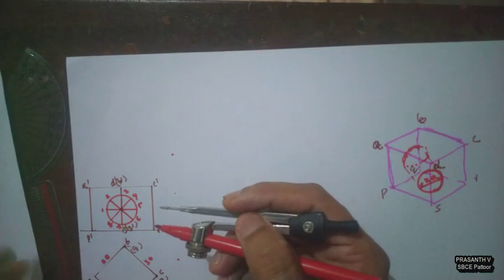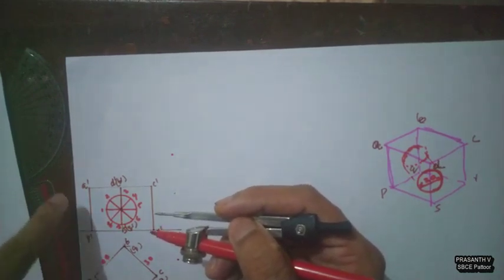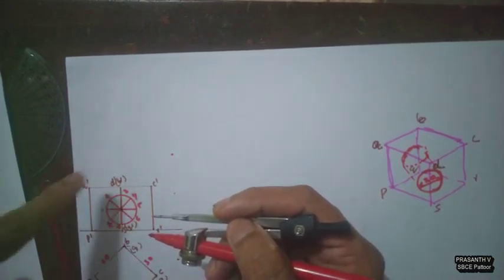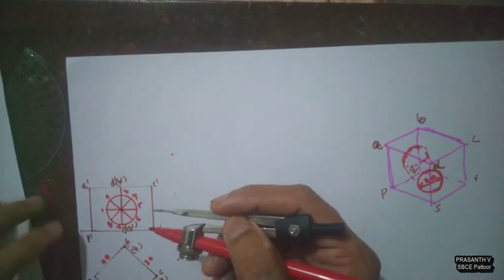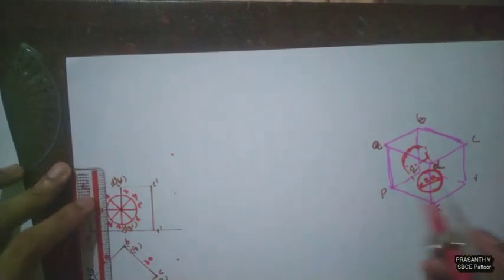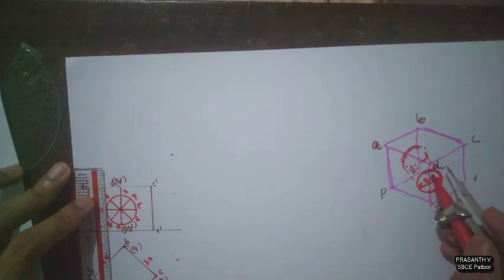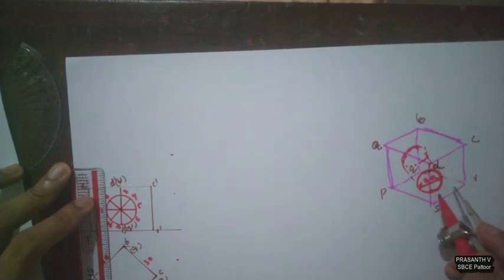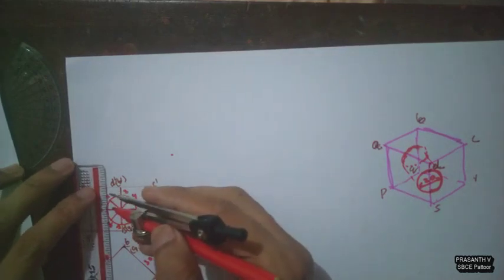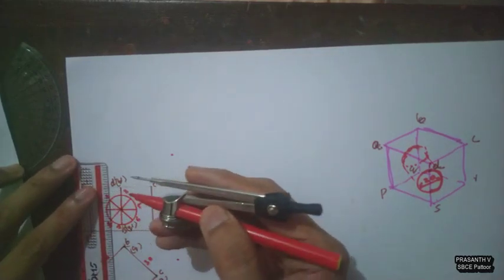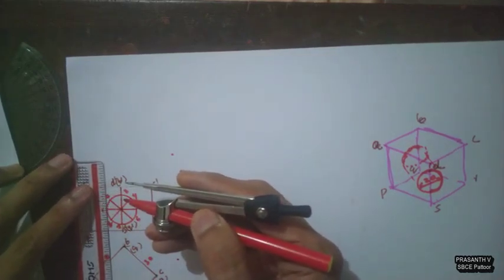Now you just check which points cut the edges of the cube. Here you can see on this edge DC, only 2 points of the circle cut the edge of the cube. No other edges are cut. For that, we have to draw some imaginary edges on the surface of the cube.